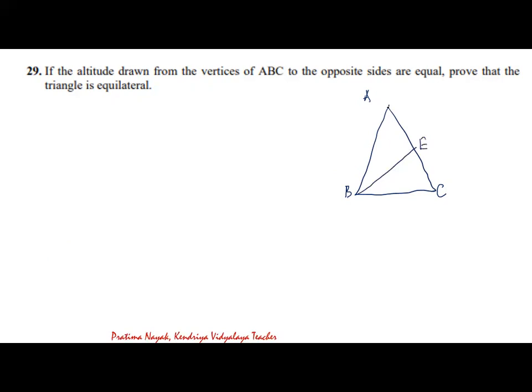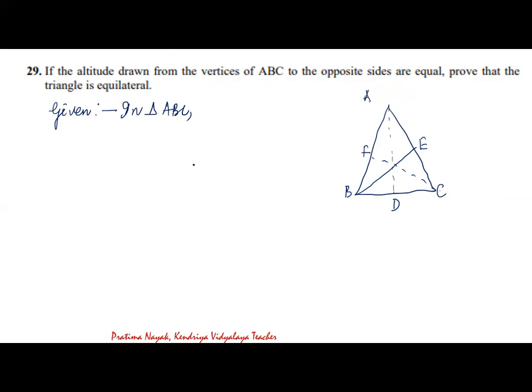BE, AD and CF, these three are equal. So given, in triangle ABC, since it is a 3 marks question, I am writing in short.